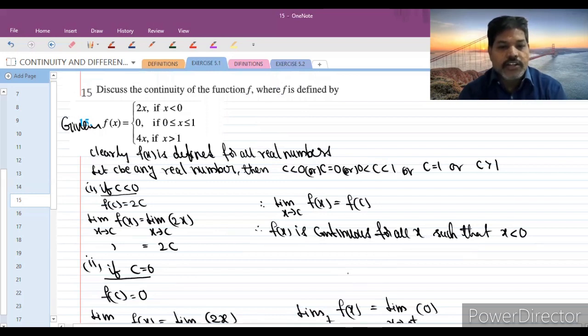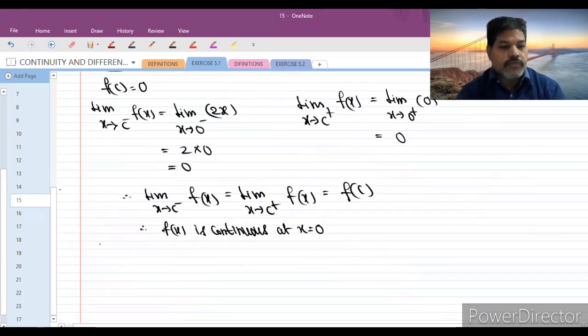Case 3 is 0 less than c less than 1, then the function is 0. So f of x value is 0.